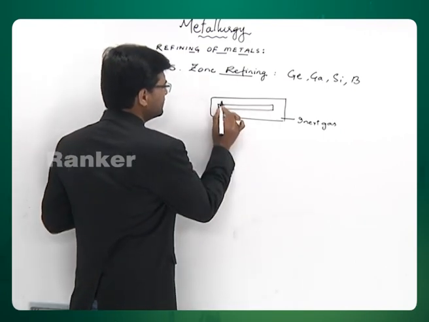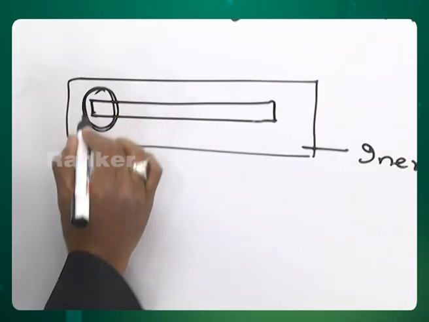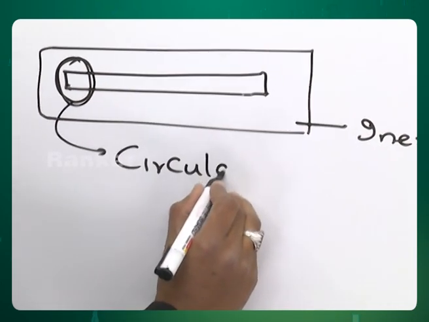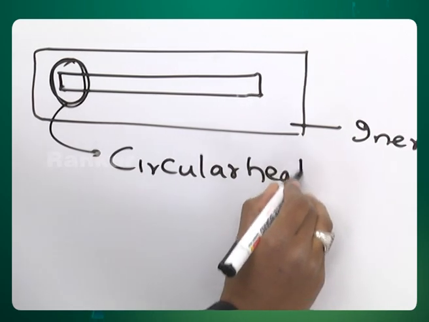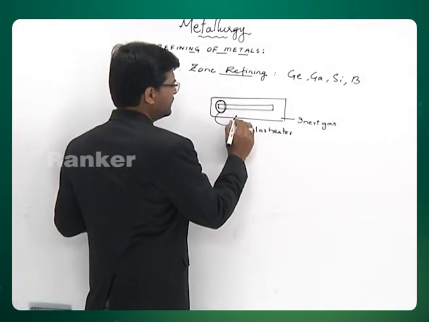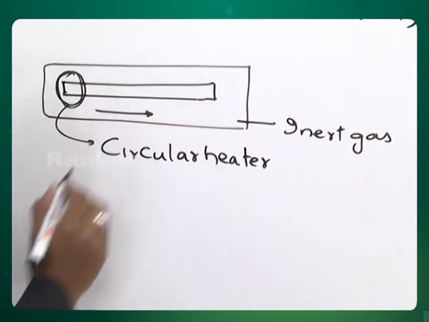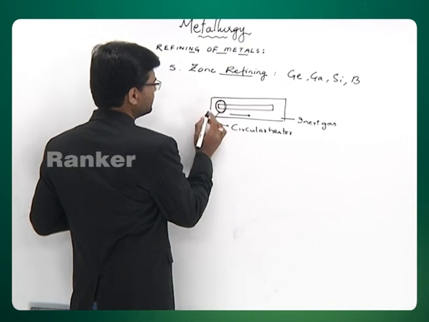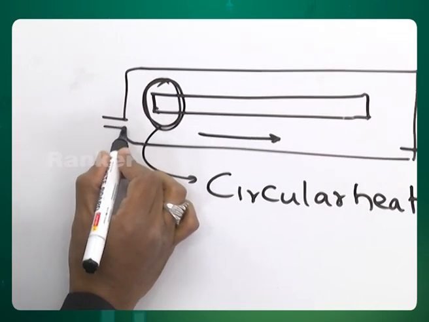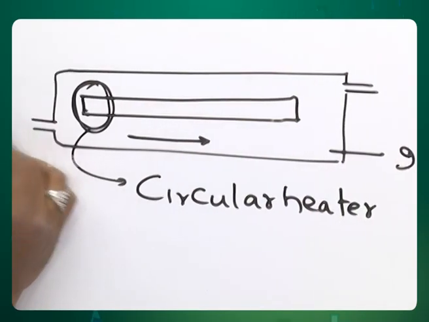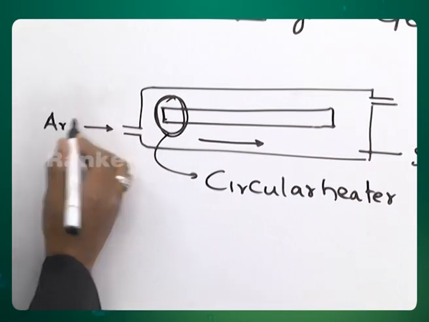We use a circular heater. This is a circular heater. Now this circular heater is moved in this direction, several times. From here, we constantly circulate inert gas, say argon or neon.